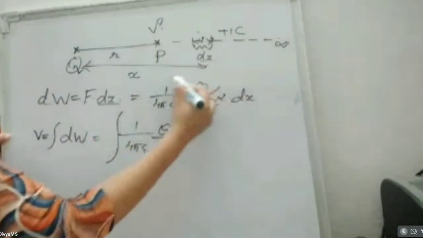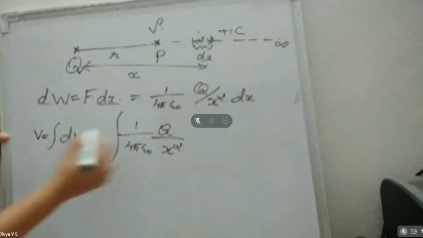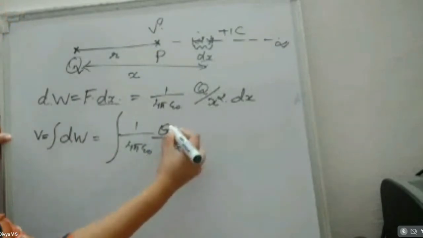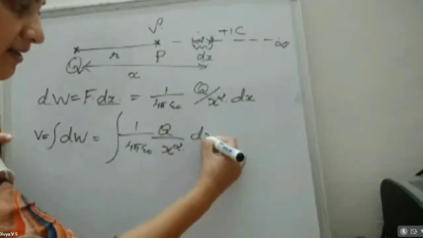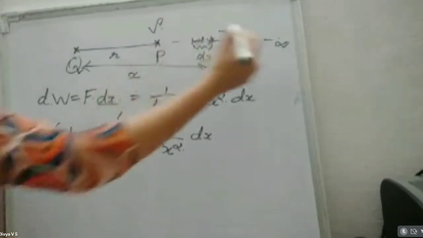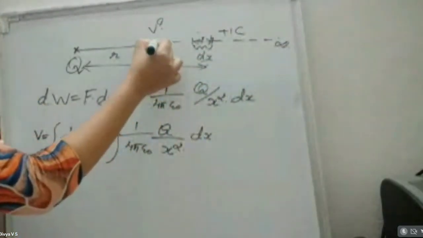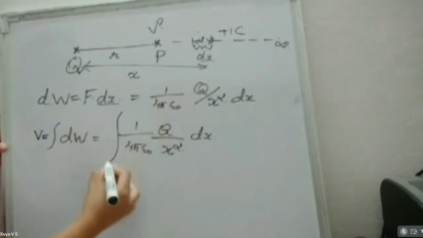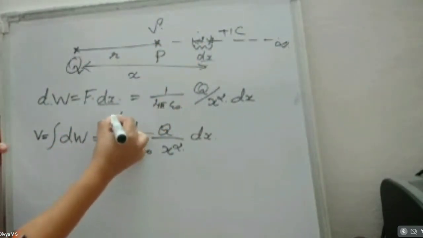This is the expression for force into dx. So V is equal to the integral of 1 by 4 pi epsilon 0 q by x square into dx. And we have to do the integration from infinity to r. In this position, we are going to find the potential. So integration from infinity to r.